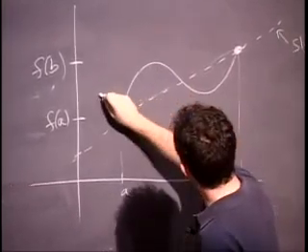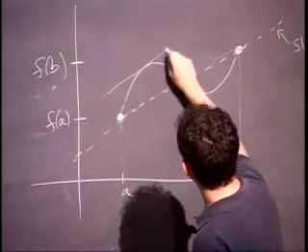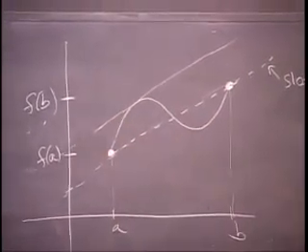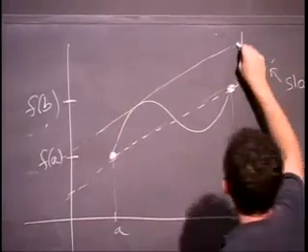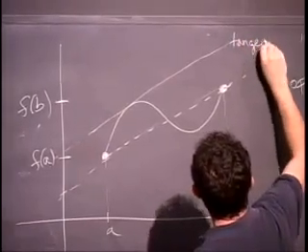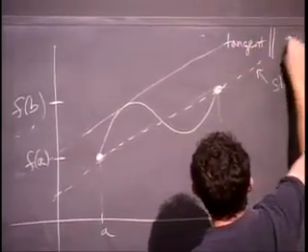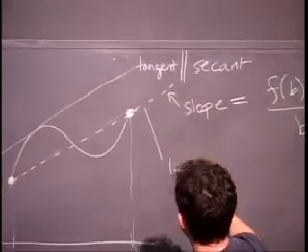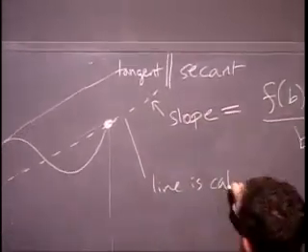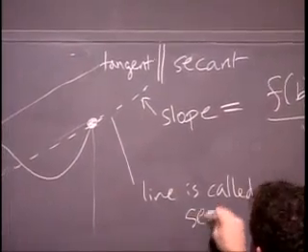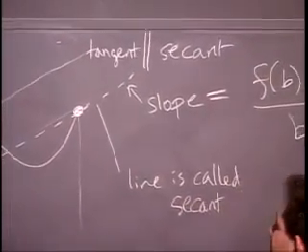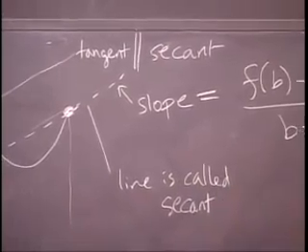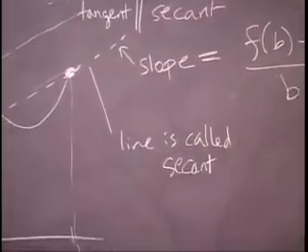So what it's saying is there's at least one parallel tangent somewhere. The tangent is parallel to the secant, the secant being this line, or if you prefer, the line joining the endpoints.